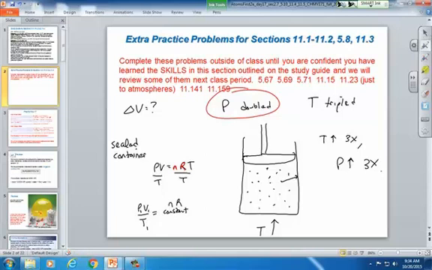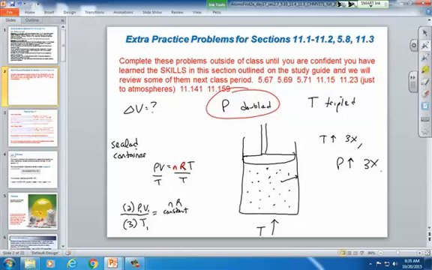I can think about, well, what will happen if I increase the temperature 3 times? If I multiply this temperature by 3 on the bottom of the fraction, and I increase the pressure by 2 on the top of the fraction, it's not going to give me the same constant anymore.